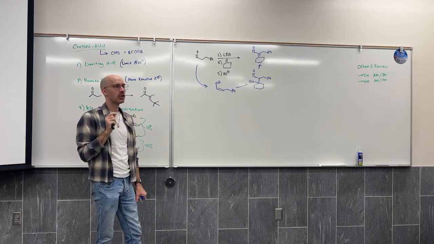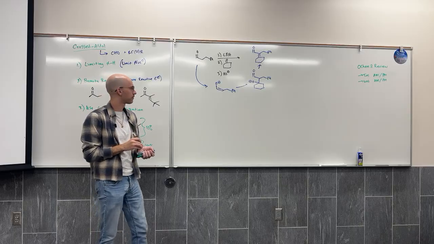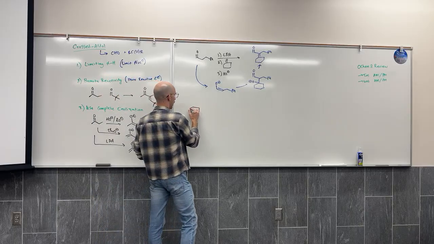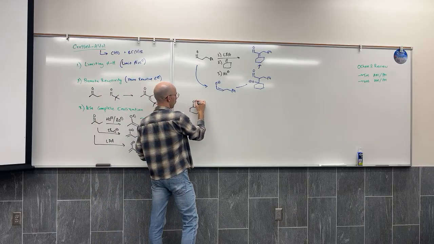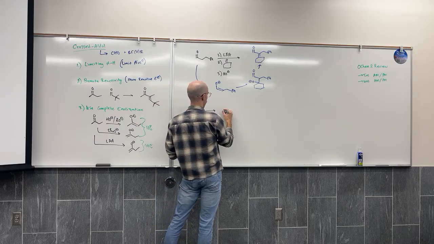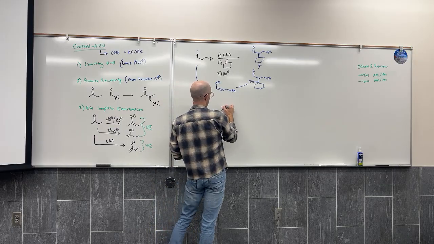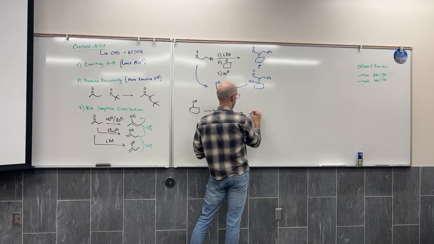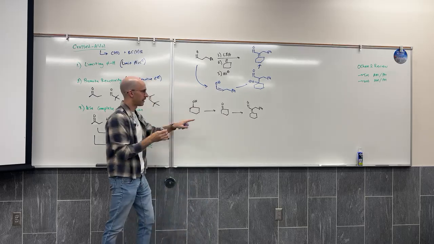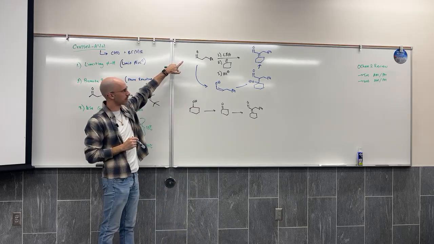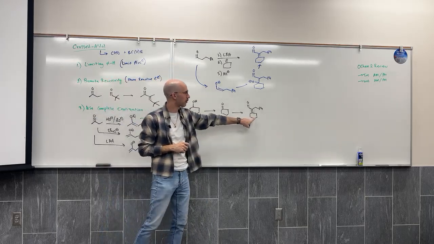What if you're doing a road map and it looks a little bit different? What if it wants you to create a carbonyl? This is essentially the process we're looking at up top, forming that same product.